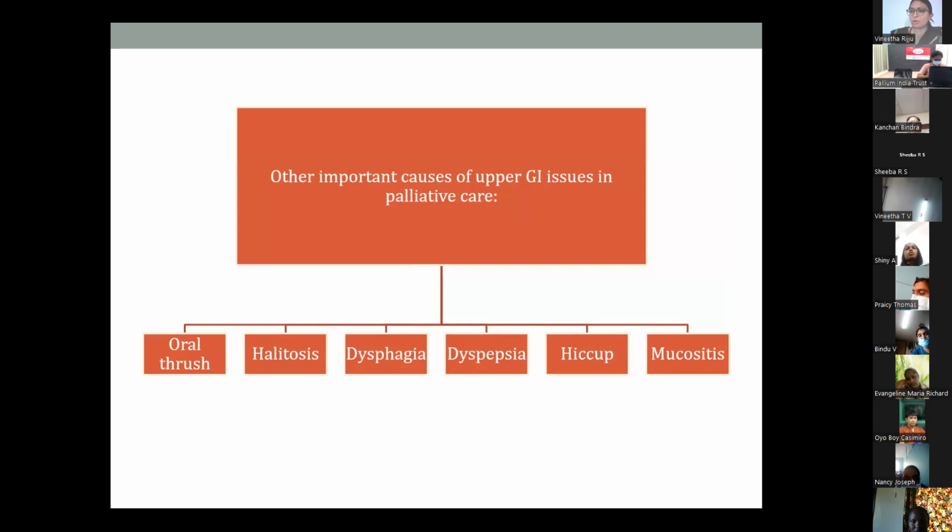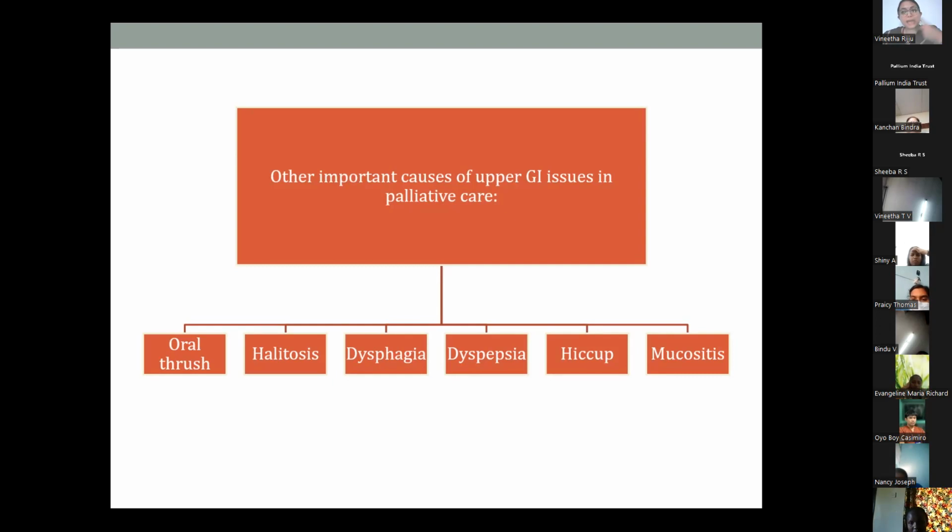Most often this happens when we go to homes to see bedbound patients. The family tells us, oh, he has not been eating for the past few days, he is just vomiting whatever we give him. Before you take your pen to prescribe an antiemetic and take it from your vehicle to give to the patient, always remember to open the mouth and examine for oral candidiasis.